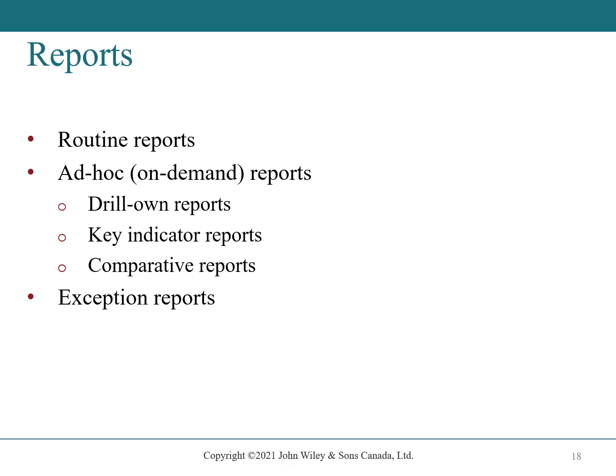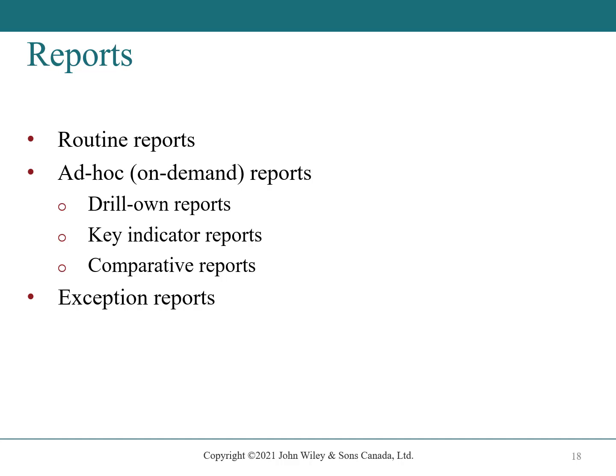Key indicator reports. These summarize the performance of critical activities. An example is a CFO might want to monitor cash flow and cash on hand. Comparative reports compare, for example, the performances of different business units or of a single unit during different times. Some managers prefer exception reports.